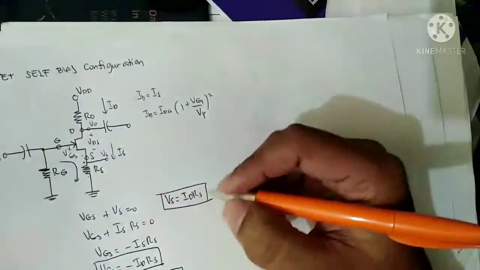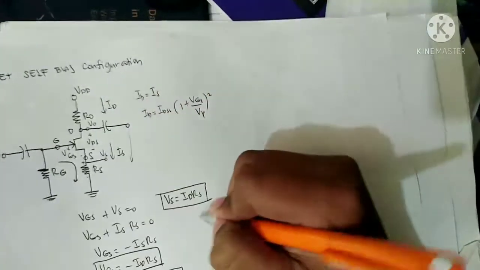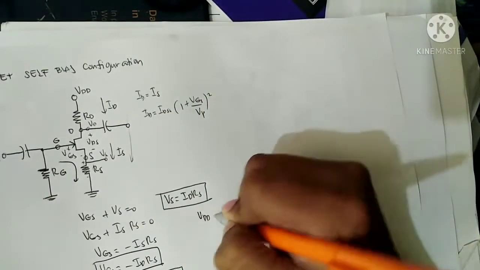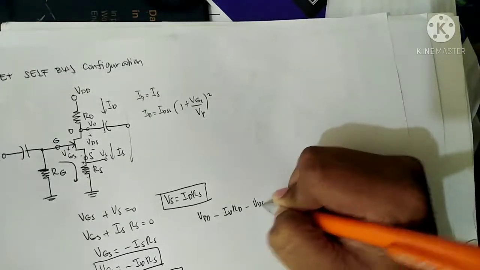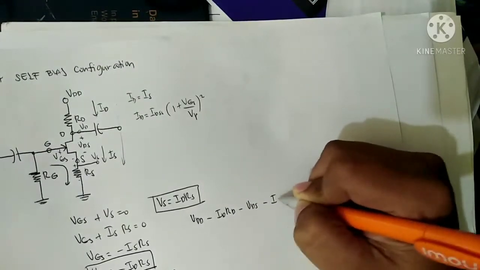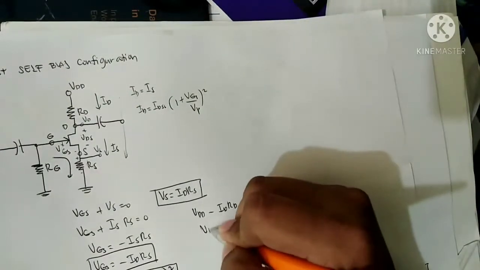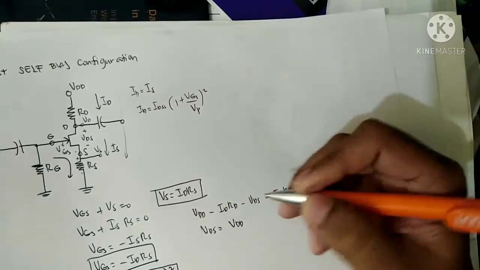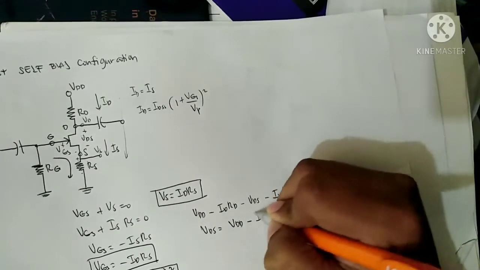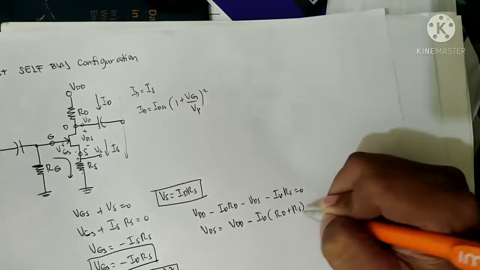How about VDS? Writing the loop, this is just VDD minus ID RD minus VDS minus ID RS equal to 0. Therefore VDS is equal to VDD minus ID times (RD plus RS).